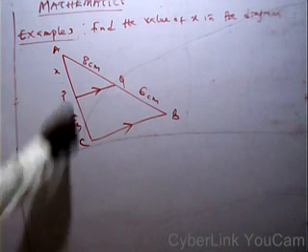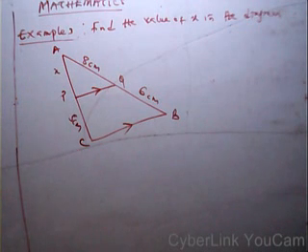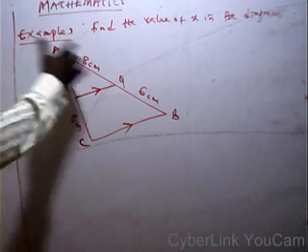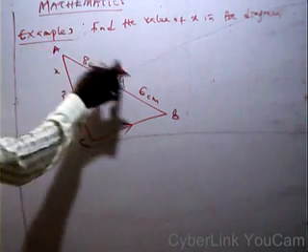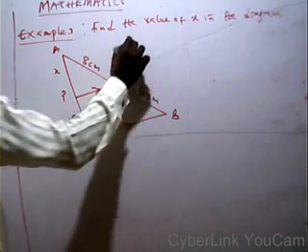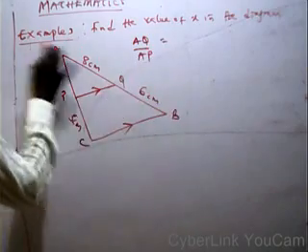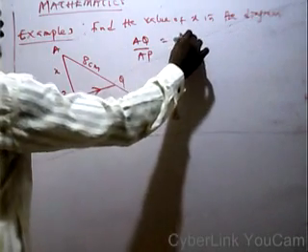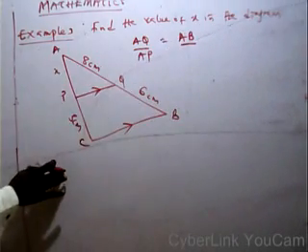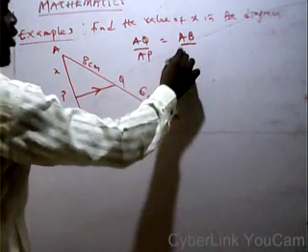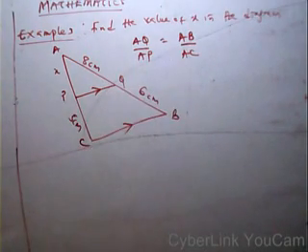In this case, we have to find the side, so we consider the sides. AQ over AP... AQ over AB equals AB over AC. That is what we are going to work with.